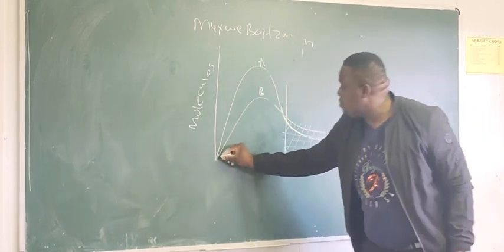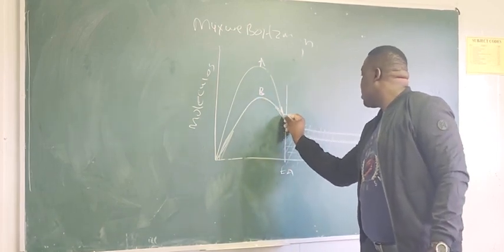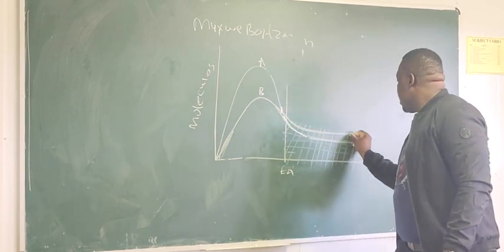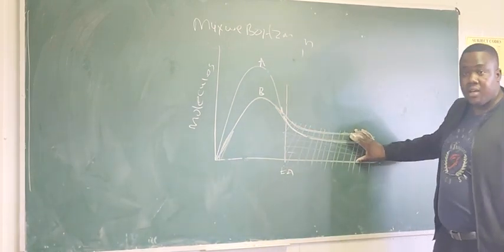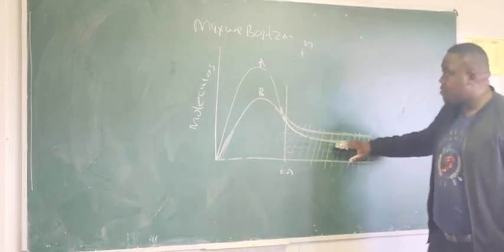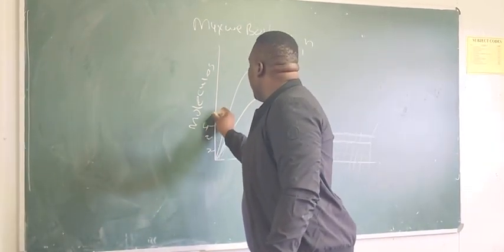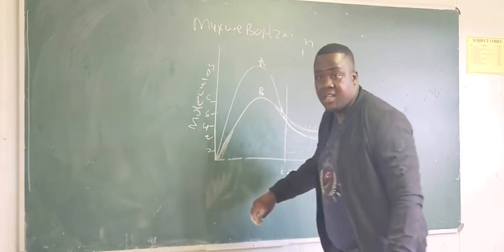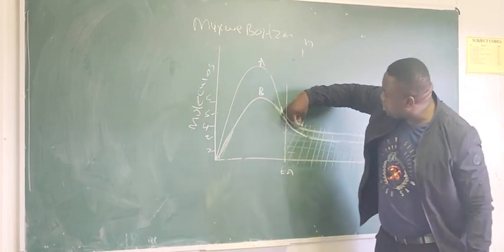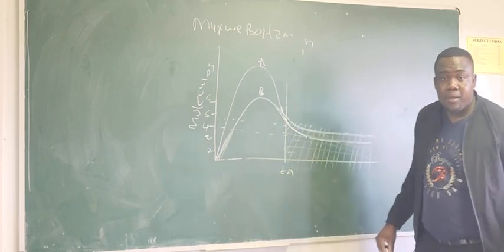Let us look at B. You see B, right? B is above A. Can you see? There are numbers here, guys: 2, 3, 4, 5, 6. So B records a higher number than A. What does it mean?